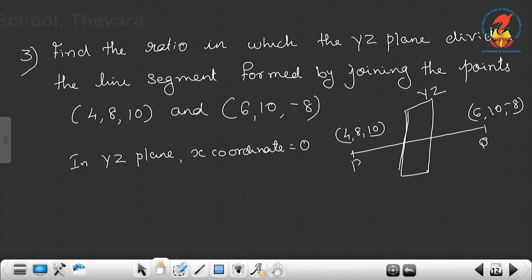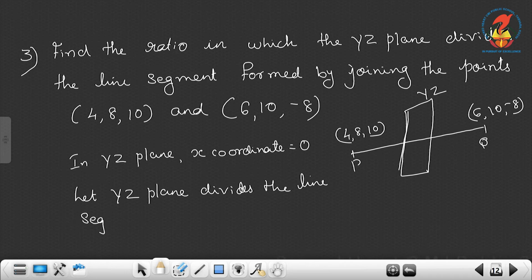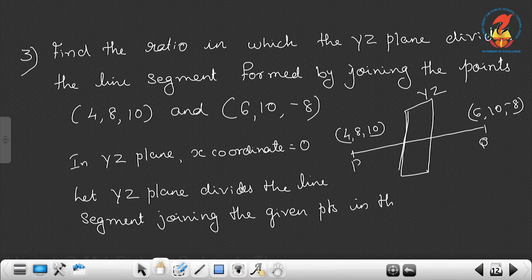Okay. So, here also we have to find the ratio. So, let YZ plane divide the line segment joining the given points in the ratio k is to 1.